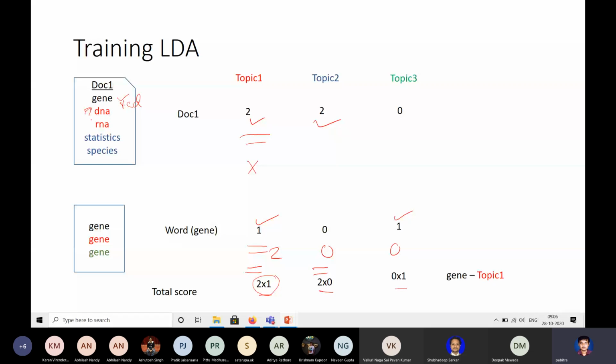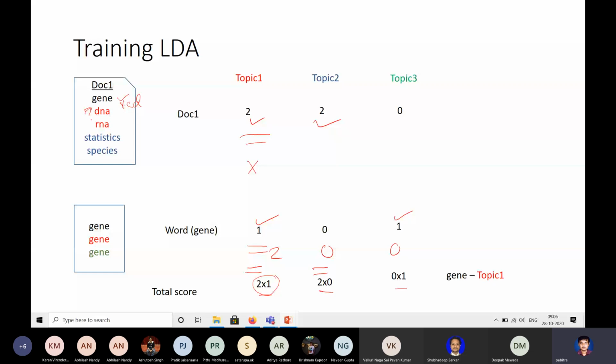So again, this is kind of a three-faced dice. I'm throwing a three-faced dice, or I'm picking a ball from a box with three colors of balls. There are two red balls, 0 blue balls, and 0 green balls. If I pick a ball randomly from this, most probably I'll get a red ball, and I'll color it red. So this is probabilistic.